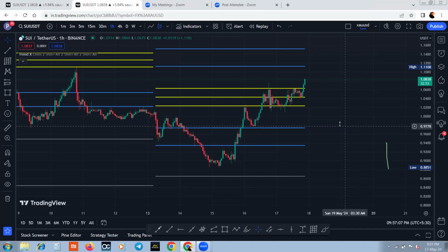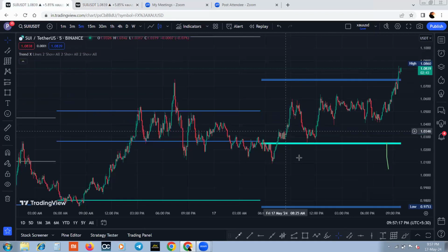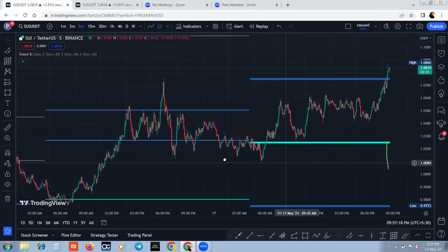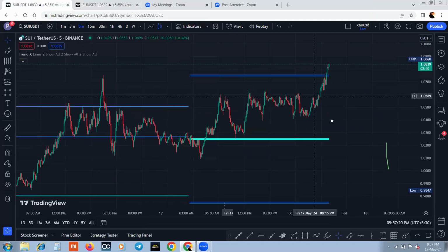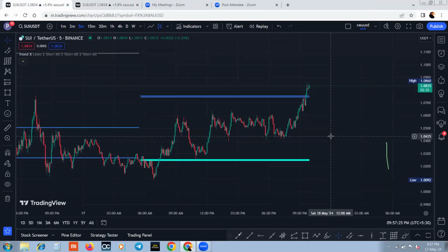This is the chart where I took the entry. You can see, go left a little bit maybe. This chart, correct, sir? Yeah, that's the chart where it hit the day high and started to bounce back down.